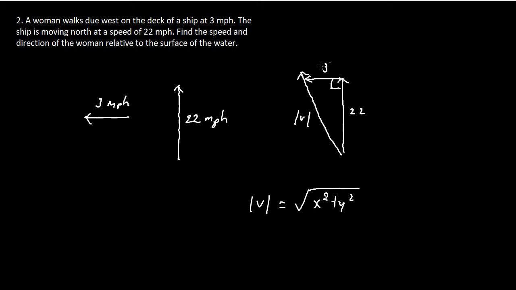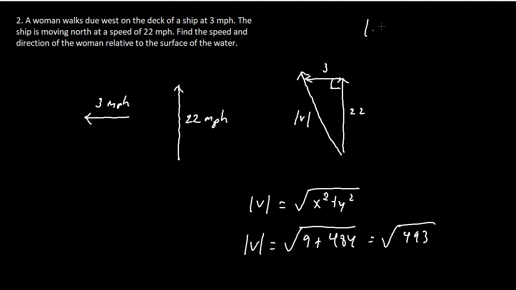So if our x value is 3 and our y value is 22, I'm just going to use a calculator. And so we'll get the square root of 3 squared, which is 9, plus 22 squared, which is 484. And so we'll get the square root of 493. And so that is the exact magnitude of the velocity, or the exact speed: square root of 493.